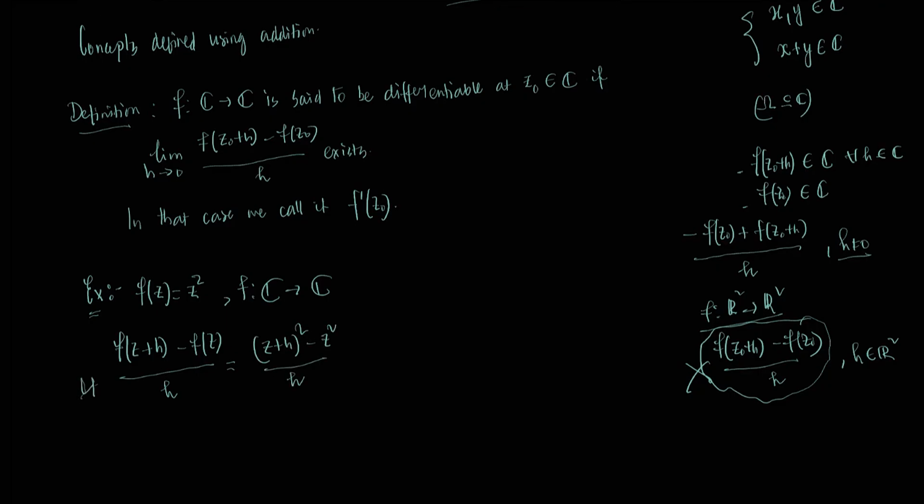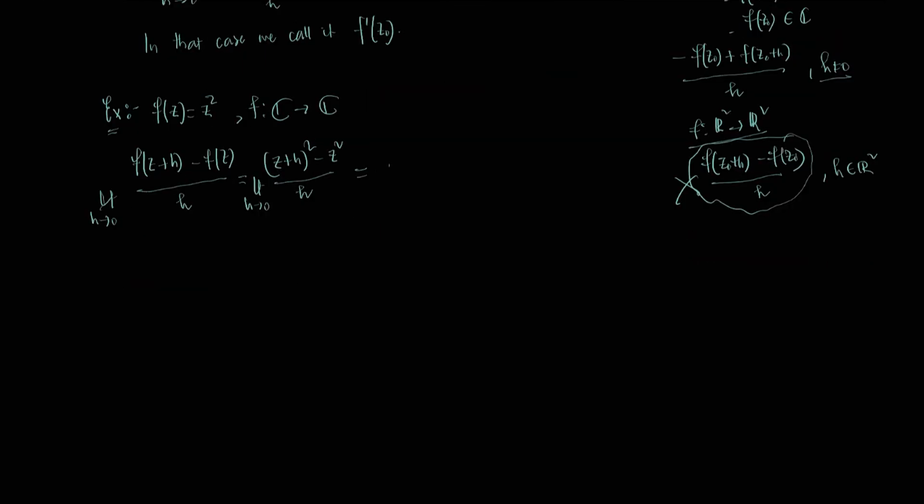Then we take limit h tends to 0. This is nothing but limit h tends to 0, z square plus 2zh plus h square minus z square by h.